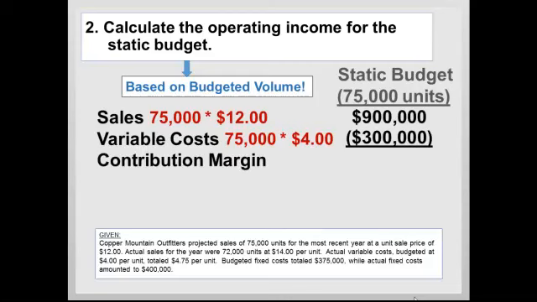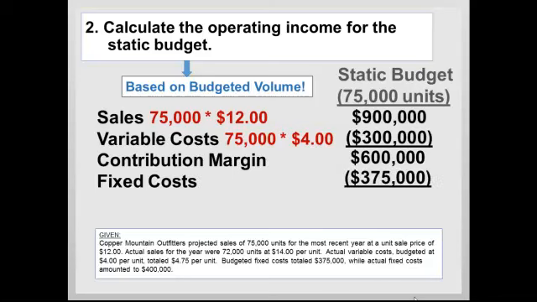The contribution margin then would compute to be $600,000. We had planned for fixed costs to be $375,000, so planned income was $225,000. Now what we'll find when we prepare the actual income statement is that we did not have income of $225,000.